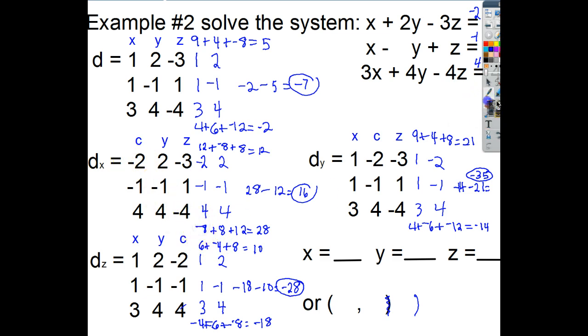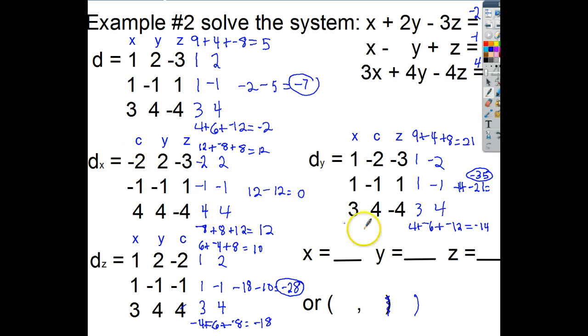Okay, so I found a little error in this one. So let's erase this, and this, and this. And so we're going to have positive 12 here. So we have 12 minus 12, or 0 for this one.